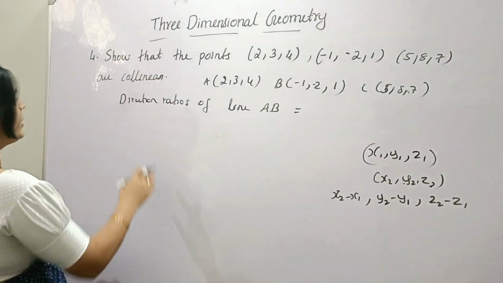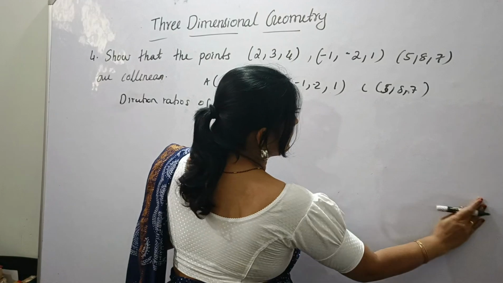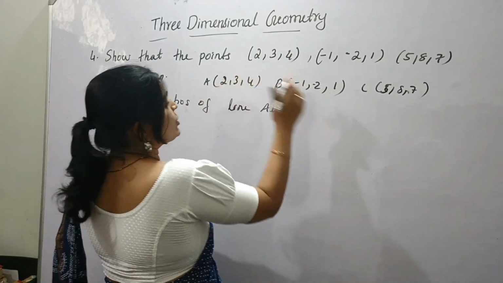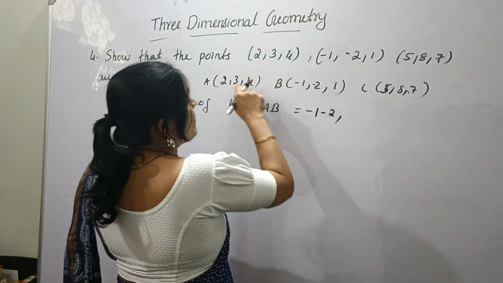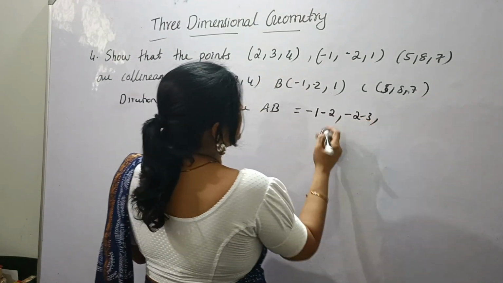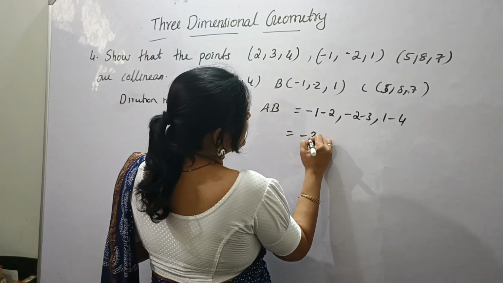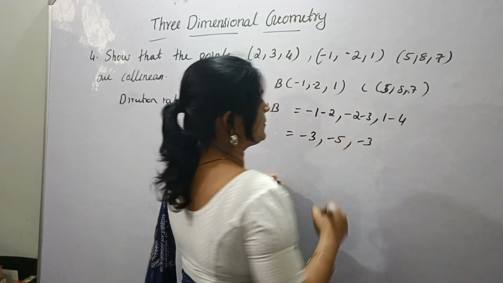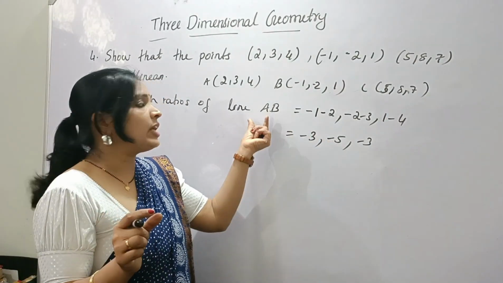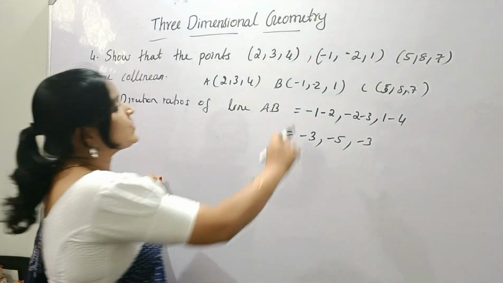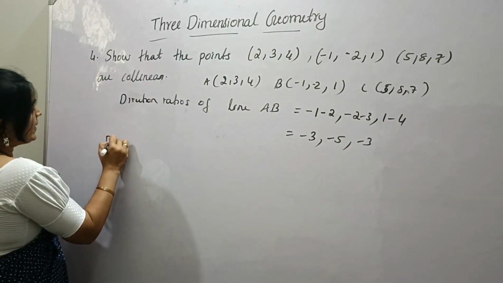So here let's find direction ratios of the line AB. That is -1 minus 2, -2 minus 3, 1 minus 4, that is equal to -3, -5, -3. So these are the direction ratios of the line AB. Next let's find direction ratios of line BC.